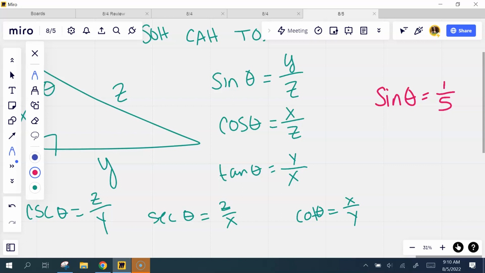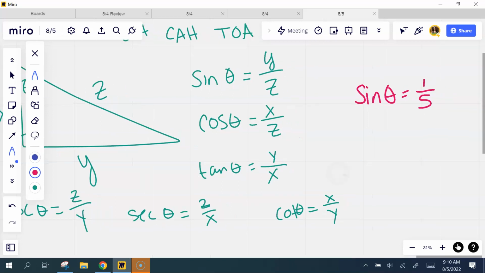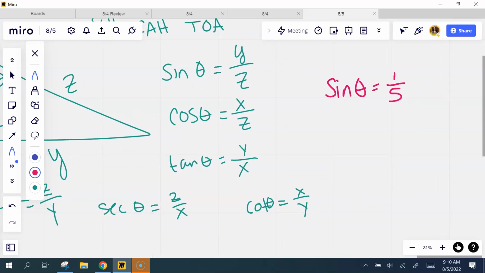Inverse sine of 1/5. You're exactly right. Inverses cancel out, right? So theta, y'all are making me look bad now. Preston's getting all the answers from his other pre-cal teacher.